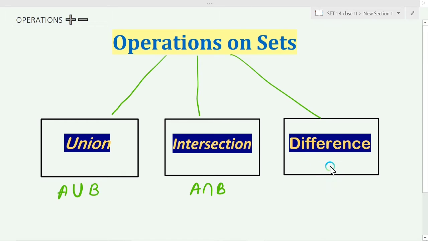Difference means subtract, that is A minus B. So for union we use this symbol, for intersection we use this symbol, and for difference we use minus. There are three types of operations on sets: union, intersection and difference.